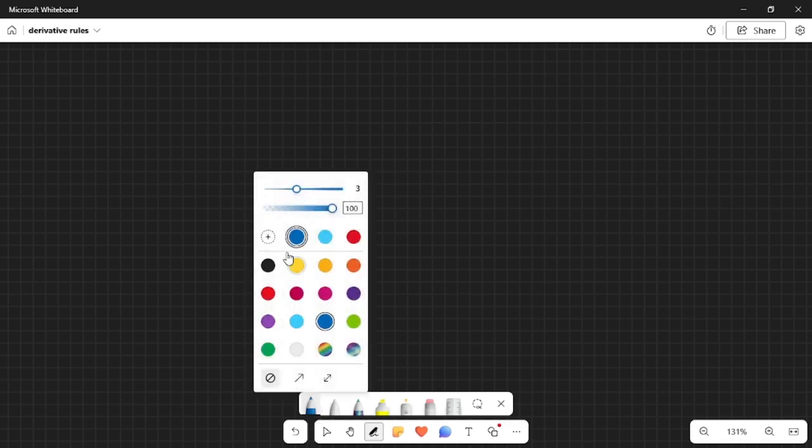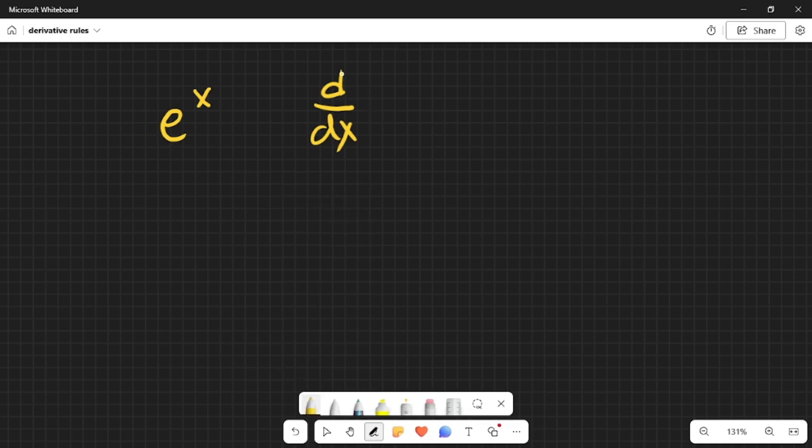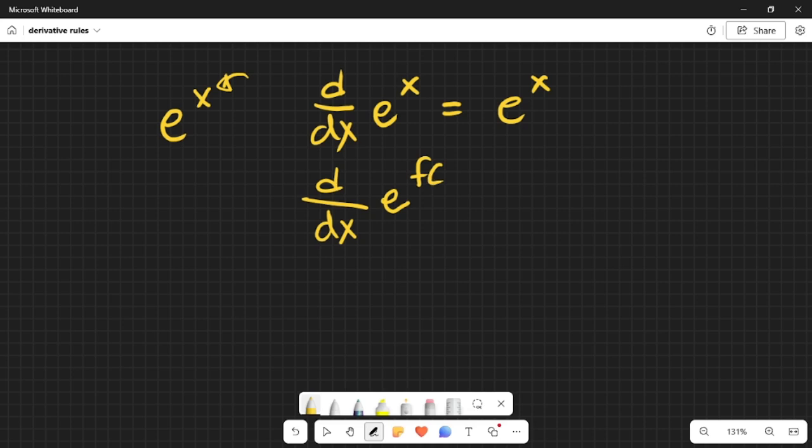So, exponential functions are e to the x. And the general formula for that is d dx of e to the x is e to the x. It can't be moved. But let's say there's a function in x, so it would be d dx of e to the f of x.